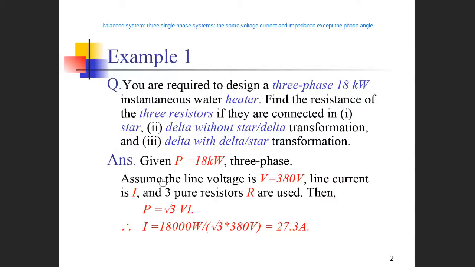Now, assuming that the line voltage in three-phase systems in Hong Kong is 380 volts, the line current is I, and we suppose three pure resistors are used, then the power factor will be 1.